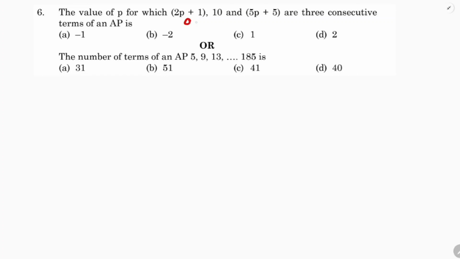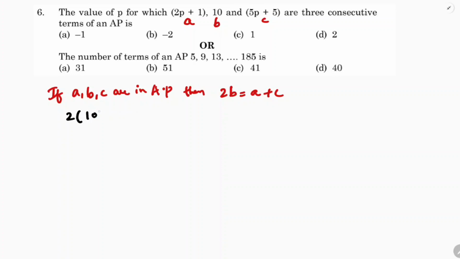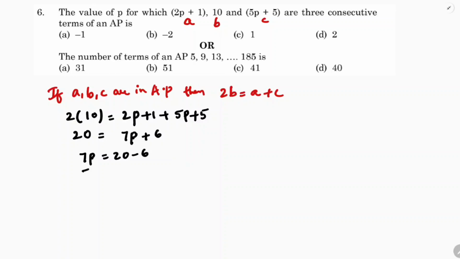See, this is A, B and C. If A, B, C are in arithmetic progression, then the condition is 2B equals A plus C. So here 2 times B, 10, equals A plus C, 2P plus 1 plus 5P plus 5. 2 times 10, 20. 2P plus 5P is 7P. 1 plus 5 is 6. 7P is 20 minus 6. 7P is 14. P equals 2. So the correct option is D.